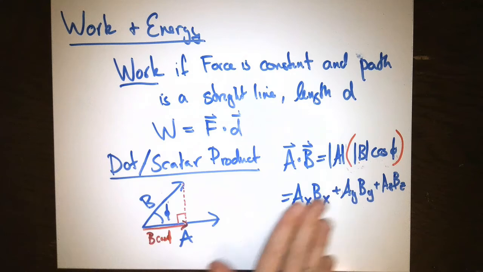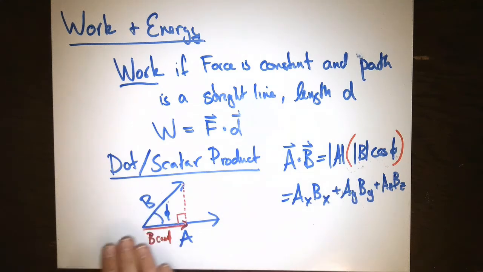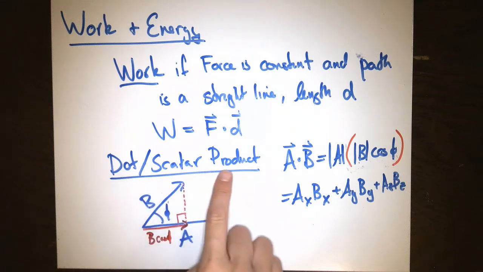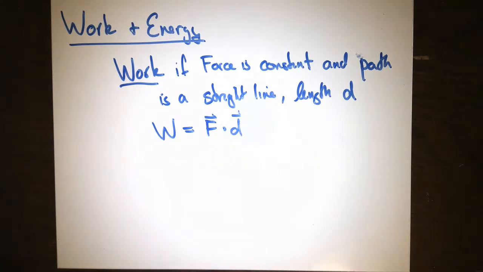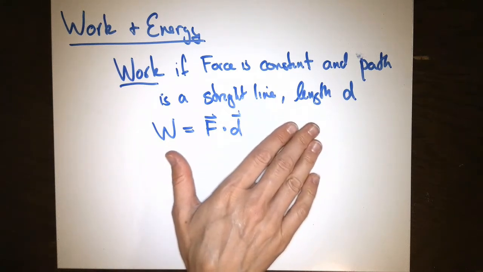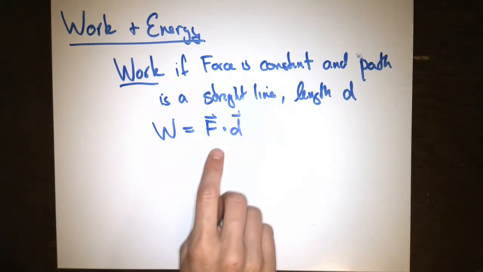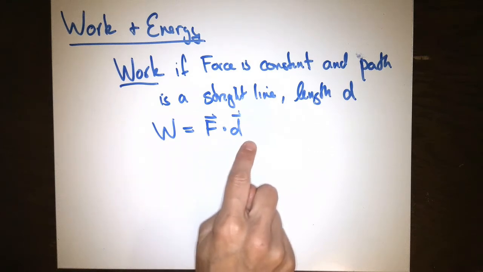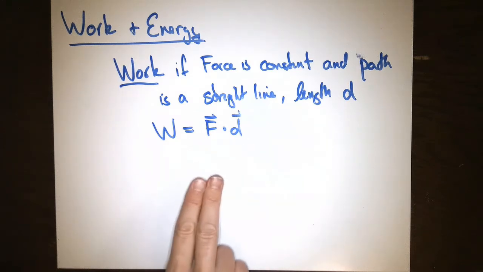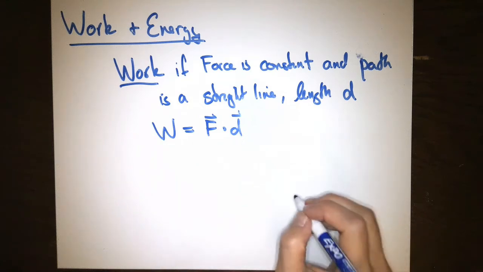All right, so you've got the dot and scalar product. These are the definitions mathematically. The important thing to take away here is that this is finding the parallel and anti-parallel pieces of the vector. So for the simpler case where the force is constant and the path is along a straight line, where work is just the force dotted with the displacement, let's draw out two different scenarios.